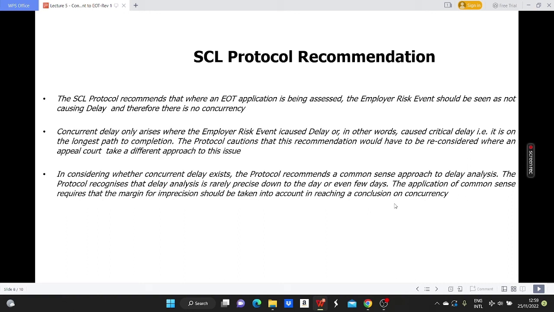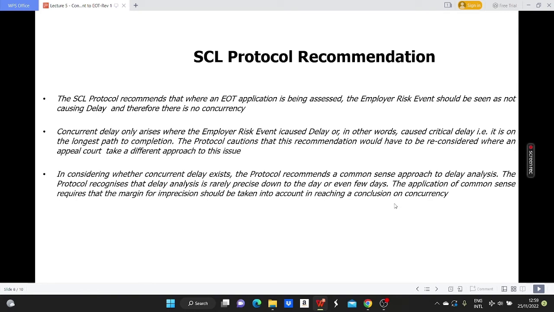SCL protocol recommendation. The protocol recommends that where an EOT application is being assessed, the employer risk event should be seen as not causing delay to completion, and therefore there is no concurrency.